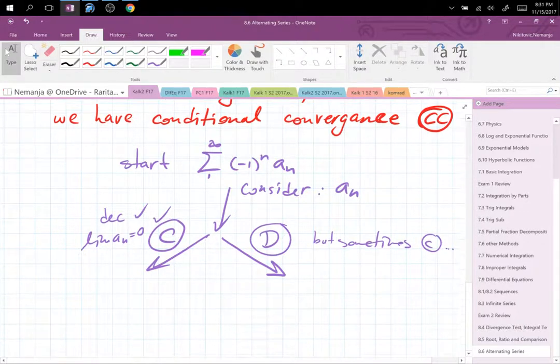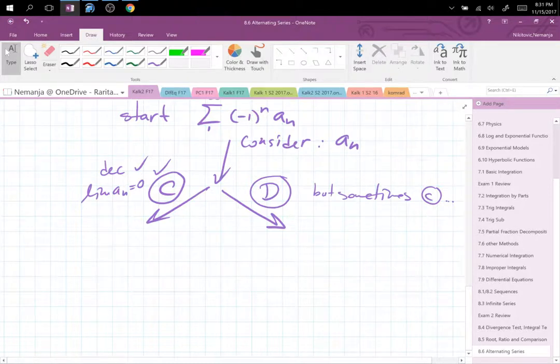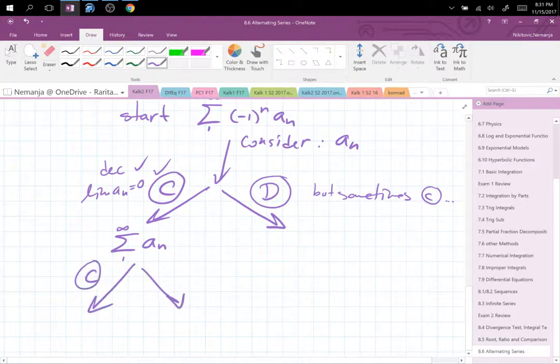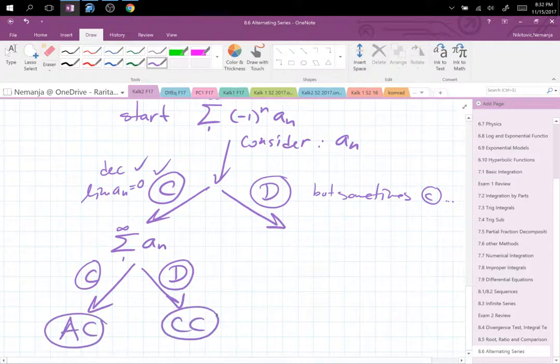Maybe I'll write that. There we go. Then we consider the summation of a_n without the alternating part. That can either converge or diverge, which would give you absolute convergence or conditional convergence. So now, instead of converge or diverge, you have absolute convergence, conditional convergence, and divergence.